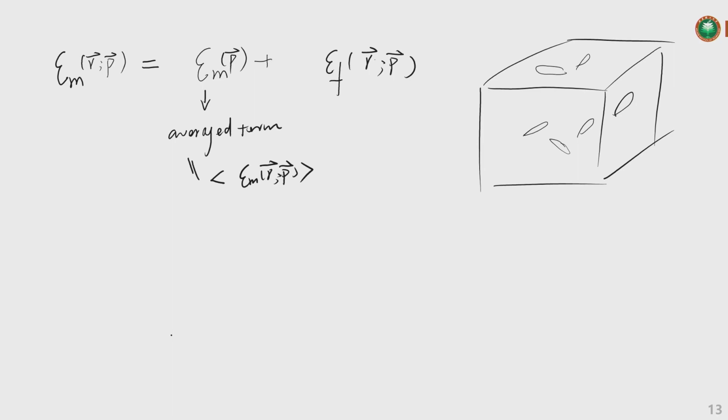And this is the fluctuation component. So that means the mean value of the fluctuation equals 0, right?